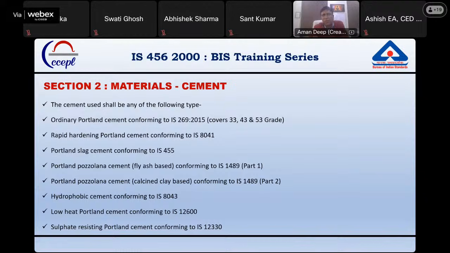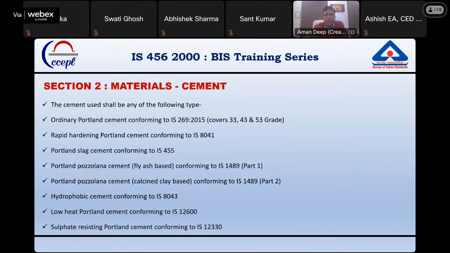We generally, nowadays, use the cement available in the market, which is PPC, Portland Pozzolana cement. Portland Pozzolana cement is also of two types. In one type, the pozzolanic material is fly ash, and in the other, the pozzolanic material is calcined clay.